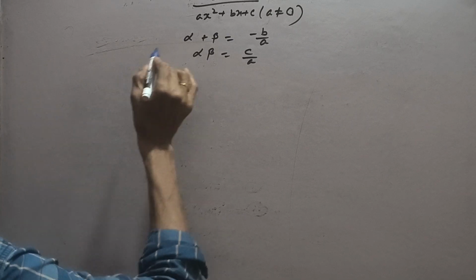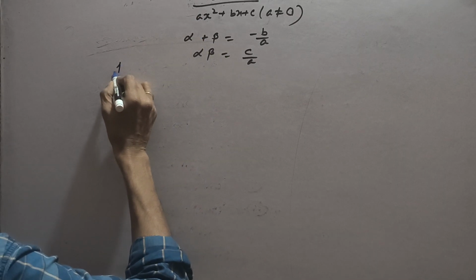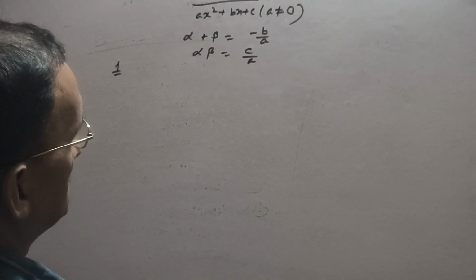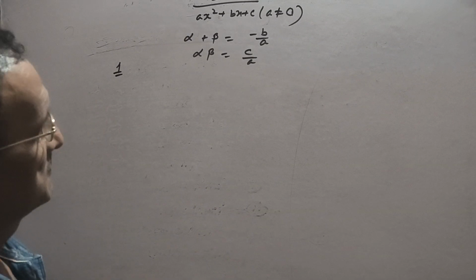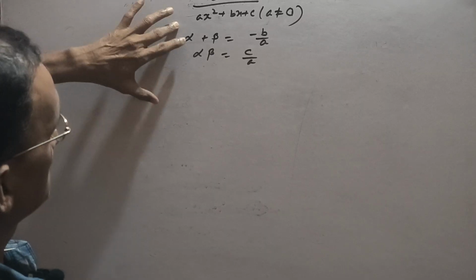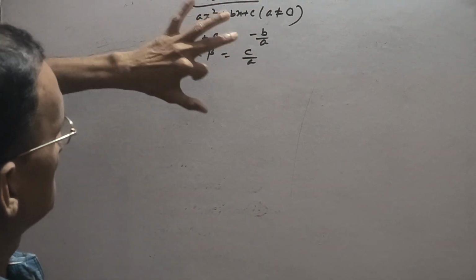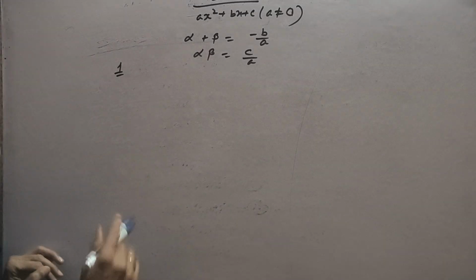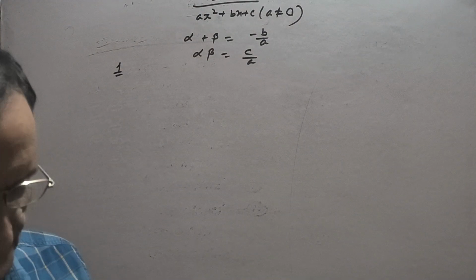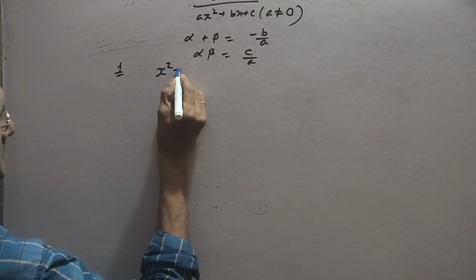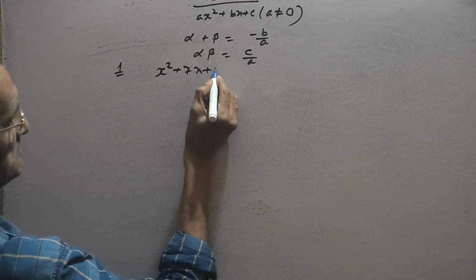So today, exercise 2.2 number 1, there are sums where we have to find the zeros of a given quadratic polynomial, and we will verify the relationship between the zeros and the coefficients. Okay, so let us take one sum: x square plus 7x plus 12.